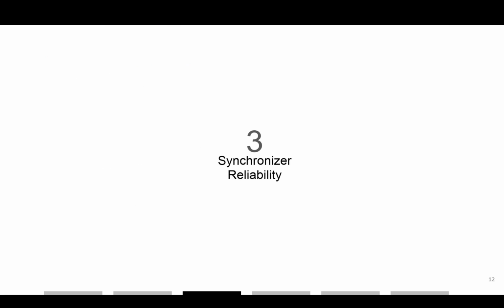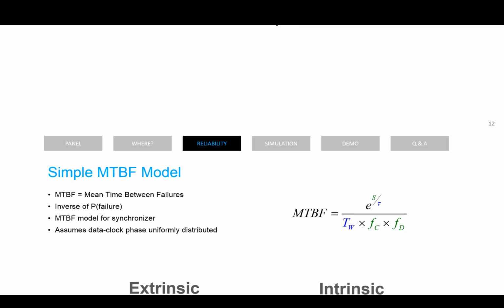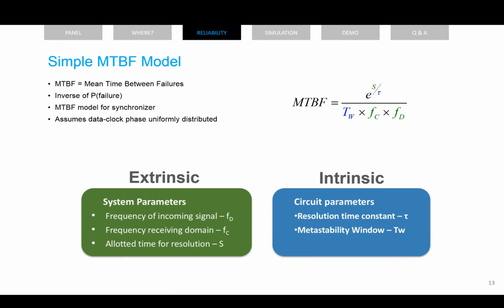So one of the forms to evaluate the reliability of that synchronization interface is to evaluate the mean time between failure, which is the most common measure to evaluate the probability of failure of such communication. As you see in the slide, the mean time between failure can be evaluated basically by 5 parameters: 3 what we call the extrinsic parameters that are system dependent, and 2 intrinsic.